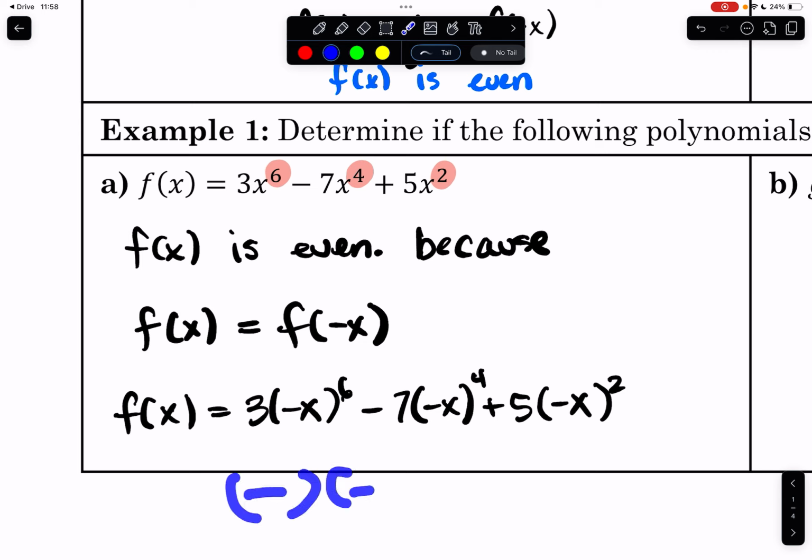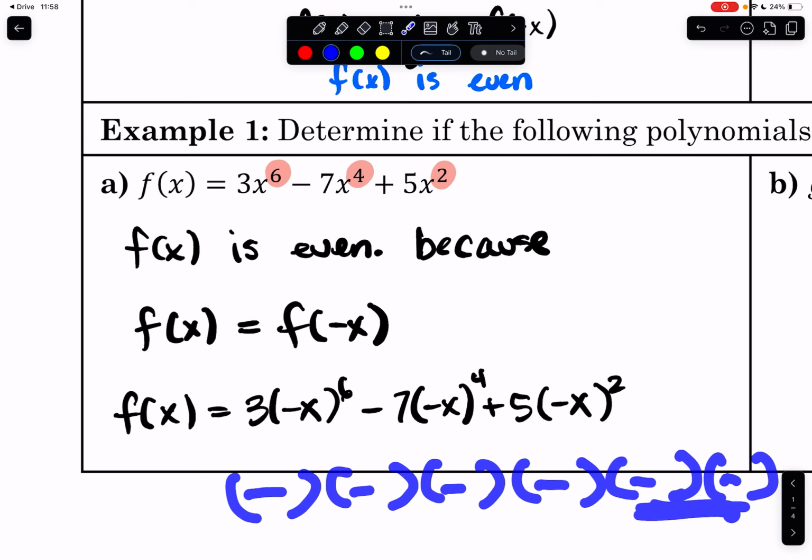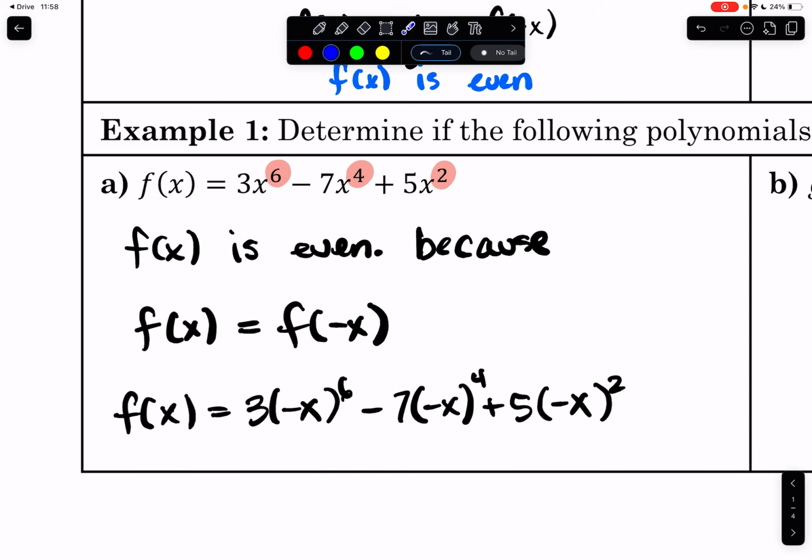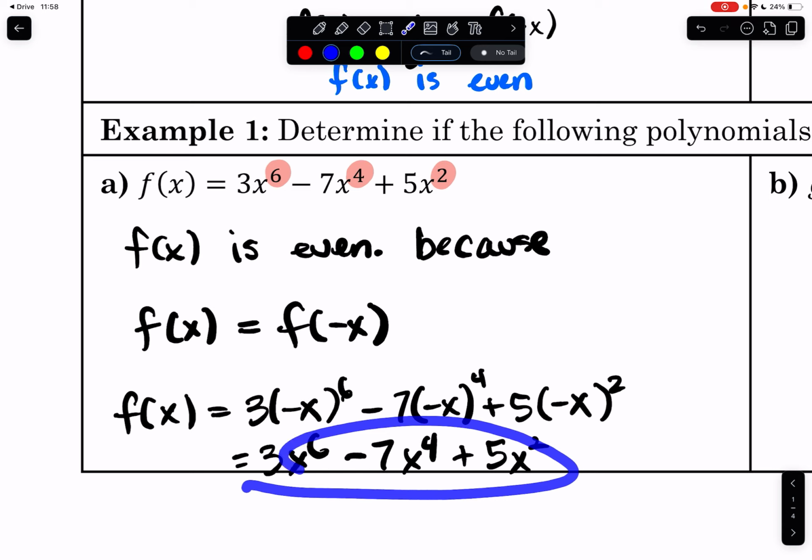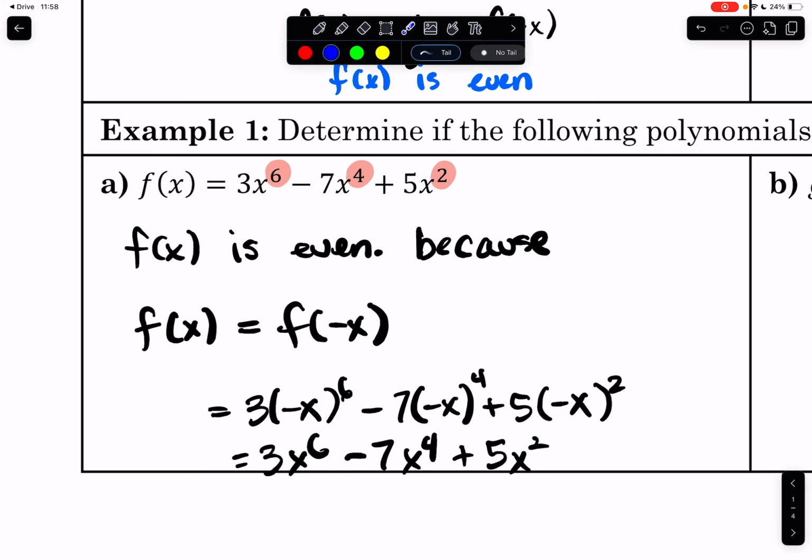We're going to have an even number of negative x's. And since a negative times a negative is positive, positive, positive, this is all going to simplify to a positive value. So this is going to be 3x to the 6th power minus 7x to the 4th power plus 5x to the 2nd power. So you see, this became that. So, sorry, I fix this on your notes.